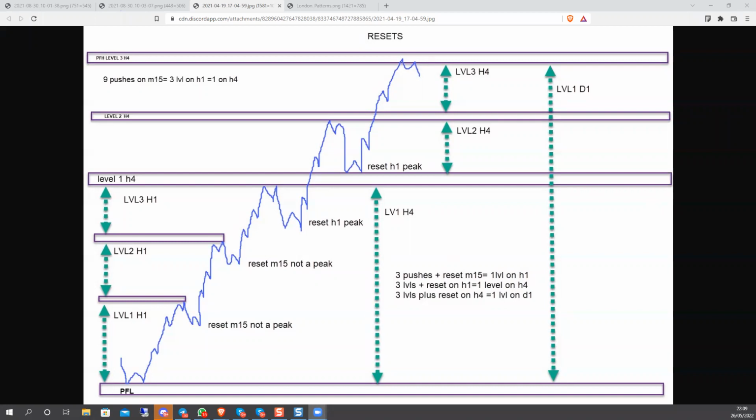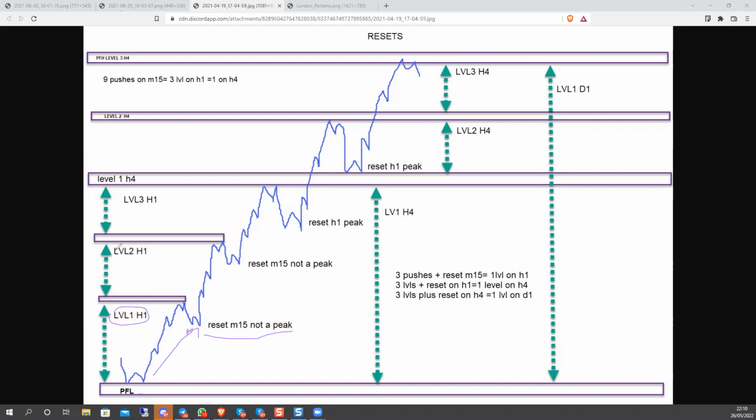So what we actually have here is a drawing that explains the different cycles and levels. One level of H1, from peak formation low, is the equivalent to a cycle on M15, and then a reset, not a peak, of M15.